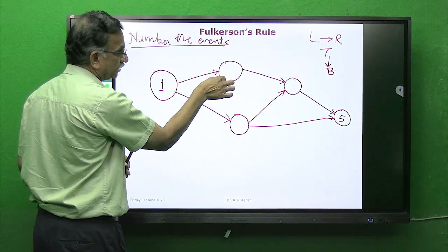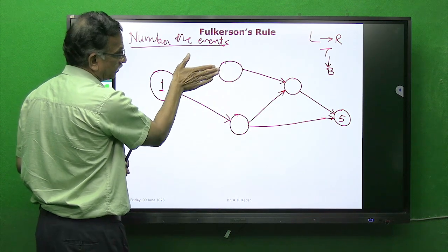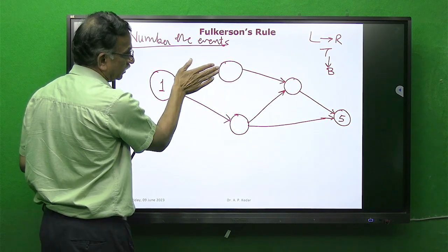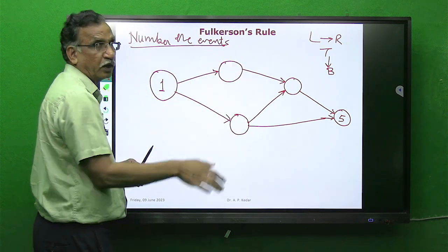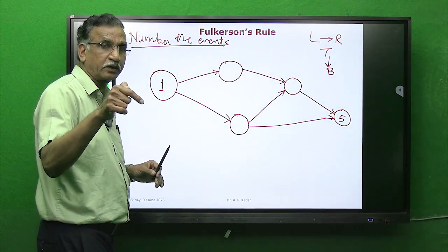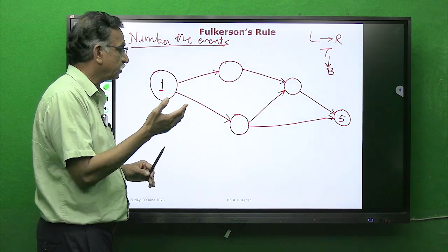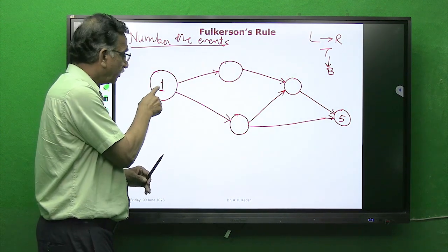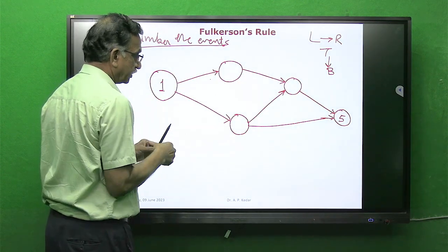I want to number this event. Now, with this condition, what you can see is this particular event is having only outgoing arrow, and therefore that must be numbered in sequence of earlier number. We have numbered 1. With this logic, we will number this as 2.